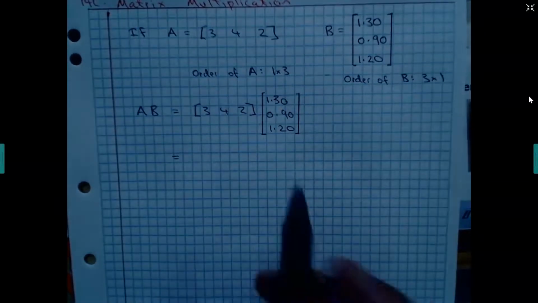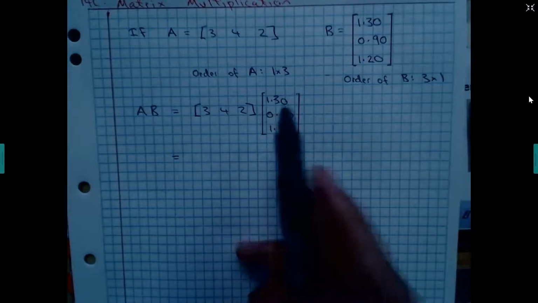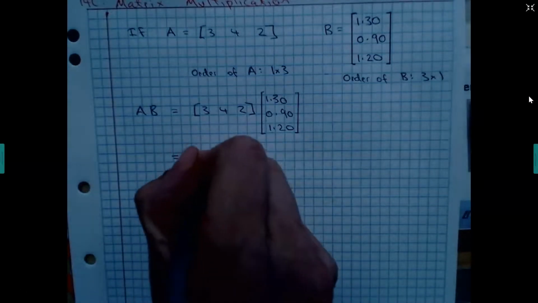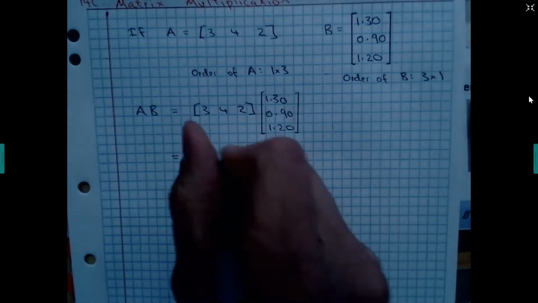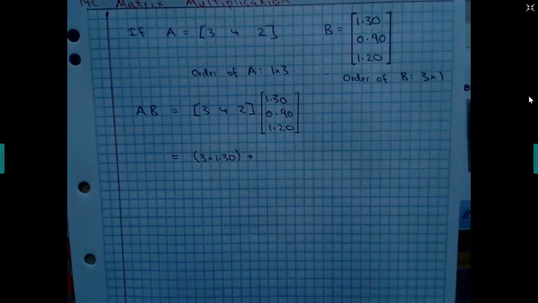Like I said, we take this first value, 3 times the top value there. So we go 3 times 1.30, then we add.